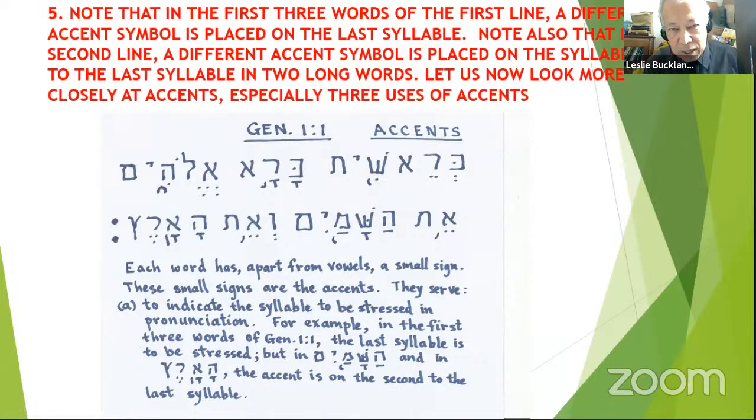It is understood that it is to be accented. And now I'm showing you in the Hebrew Bible, there is actually an accent mark placed in the last syllable. Well, what is going on? It's a difference between the Hebrew grammar and the Hebrew Bible. And so, in actual fact, in the Hebrew Bible, there are accent marks placed on the last syllable.